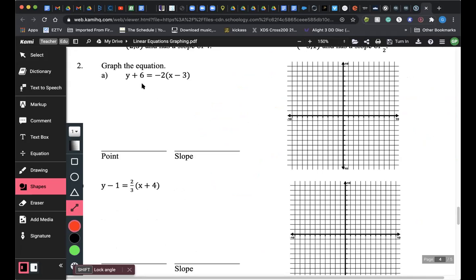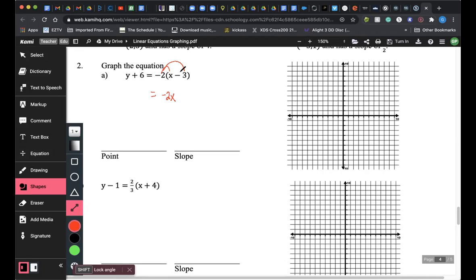All right. So number 2 wants us to graph the equation, but we can't graph this equation yet because we're not done. We have to figure it out first. So we need to distribute first. We need to distribute that -2 to both the x and this -3. So what's -2 times x? Negative 2x.